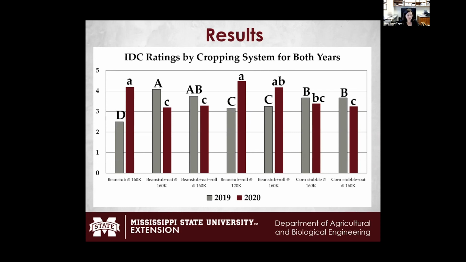But the thing to note is in 2020, the cropping systems that seemed to rate better were the ones that, even though there was no corn stubble there, maybe we're getting some residual benefit from that corn stubble 2 years before. And then the cropping systems with the oats planted, bean stubble plus oats, corn stubble and oats, and corn stubble and oats are actually soybean stubble. Those rated better in 2020.